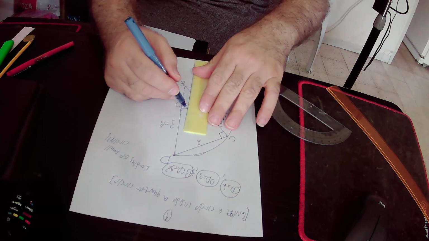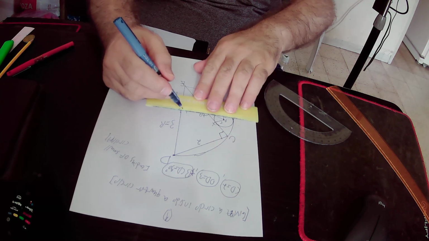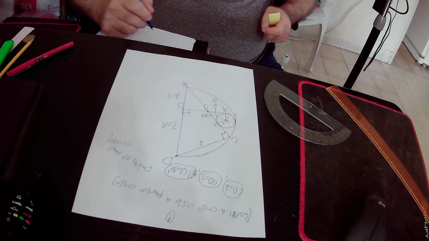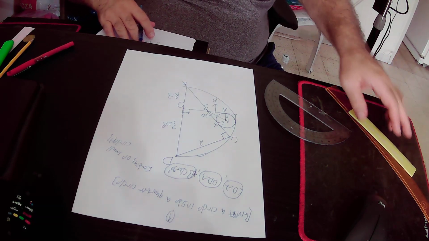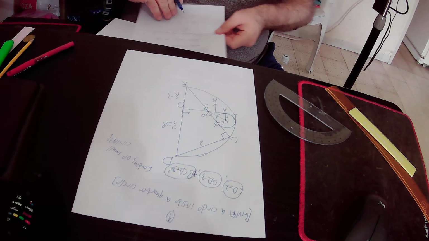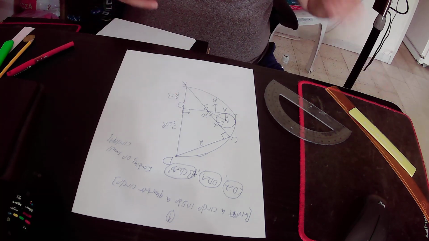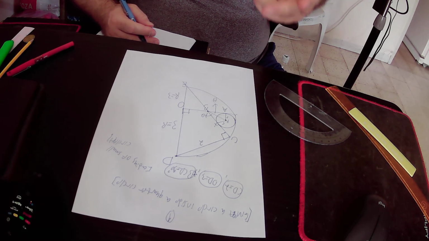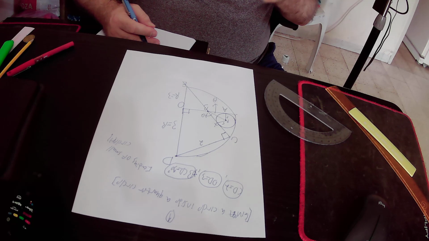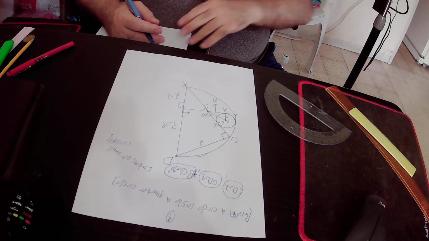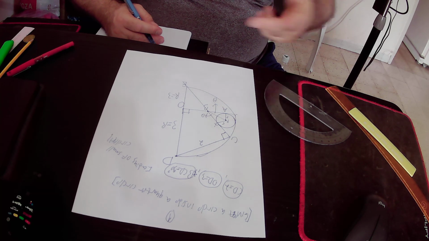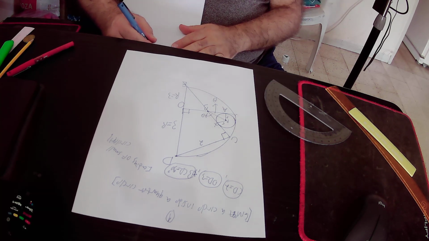Because this is a quarter circle, this angle must be equal to 90 degrees, and we also know that DE is the diameter of the semicircle and also of the quarter circle. Therefore, DE is a straight line. As the diameter of the semicircle, DE is a straight line.